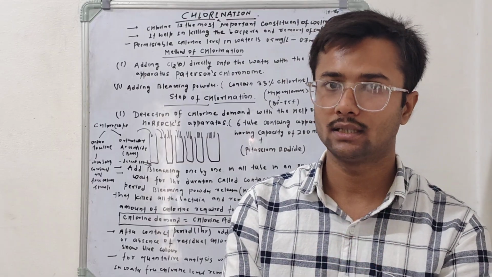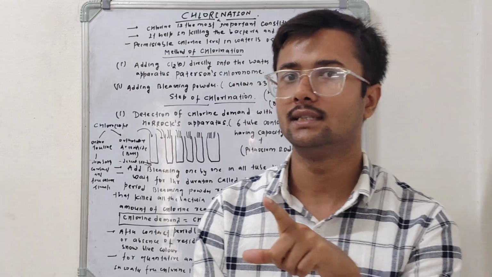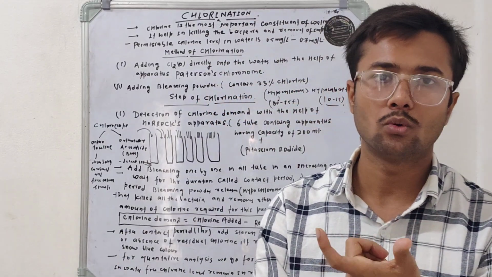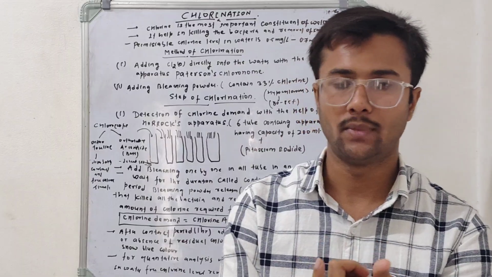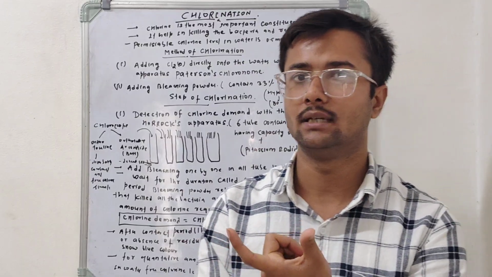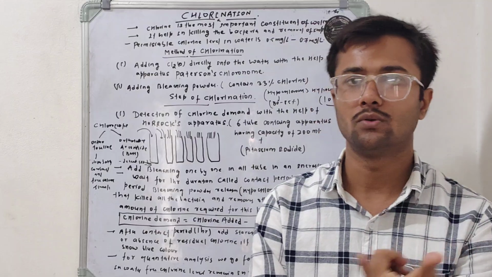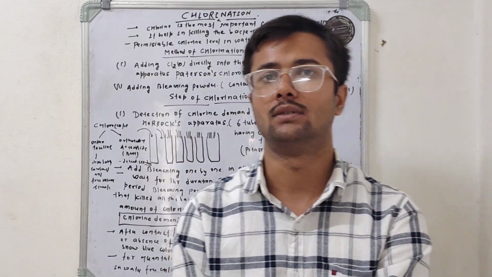These chlorine demands remove all the impurities and kill the bacteria. So this is the role of chlorine demand, and mathematically we calculate it as the difference between the chlorine added and the residual chlorine.